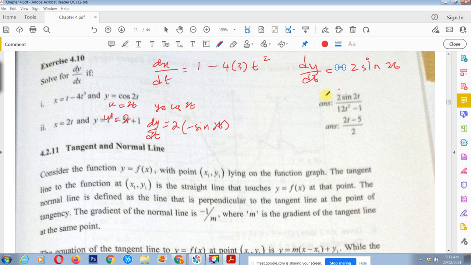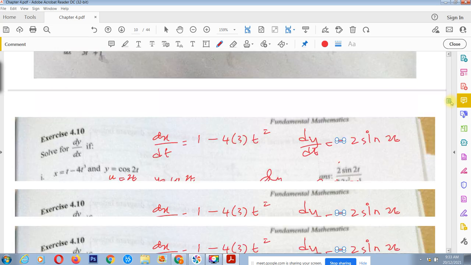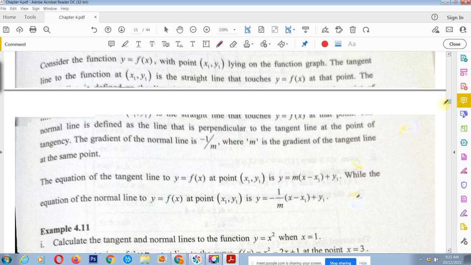Okay, and then we know that dy dx equals dy dt, negative 2 sine 2t, multiplied with dt dx. So dt dx we need to flip it.